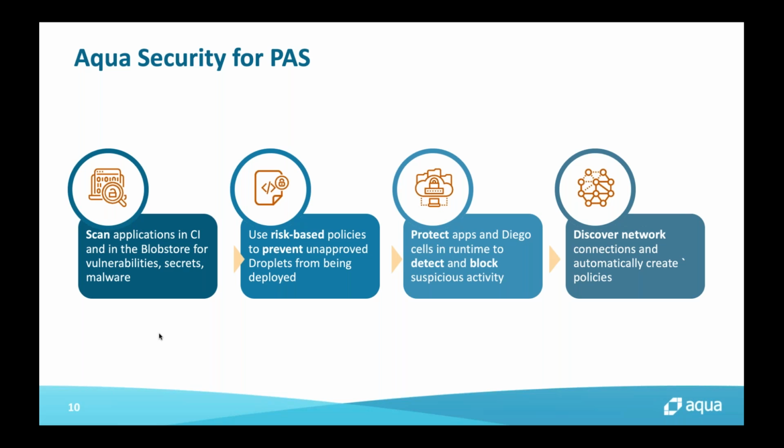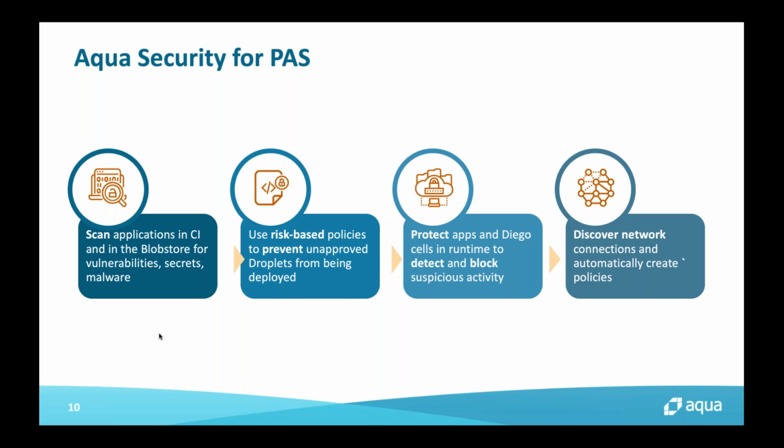So when we talk about security for Pivotal Application Service or Pivotal Cloud Foundry, Aqua takes the standpoint that we need to make sure that we're looking at the entire stack. So not just the applications as they're being built and being pushed into the blob store, but we also need to protect the apps that are running, so the runtime protection that Dave was talking about, and then the actual hosts that the applications are running on.